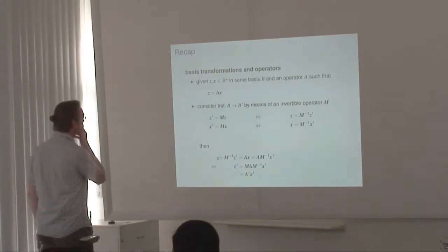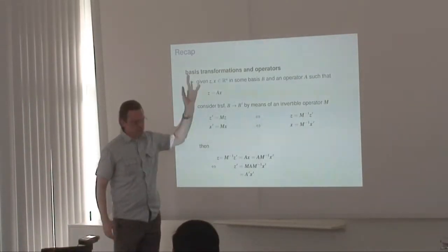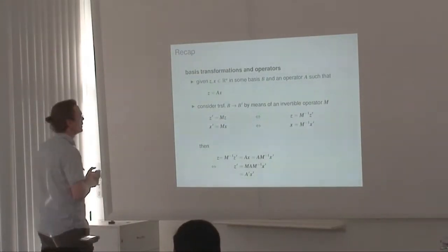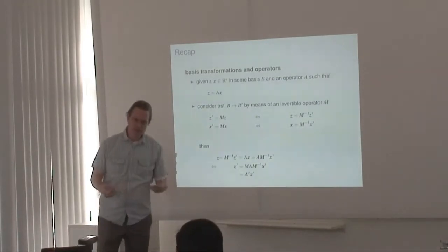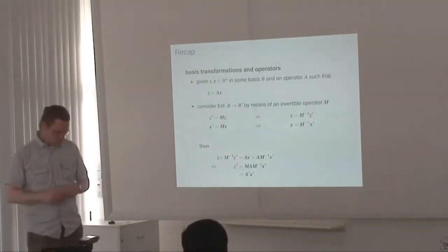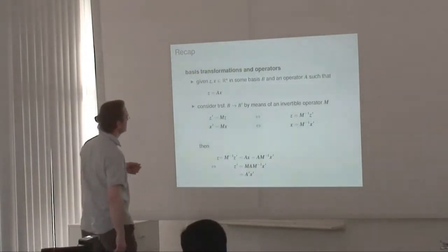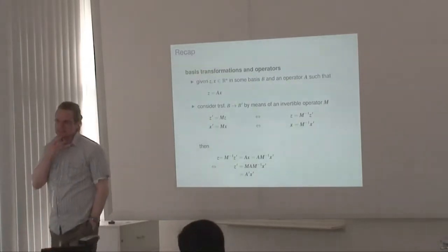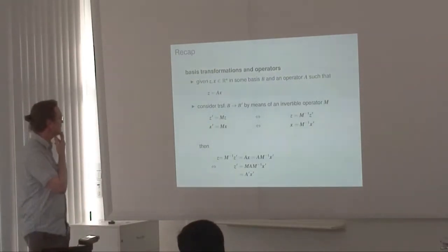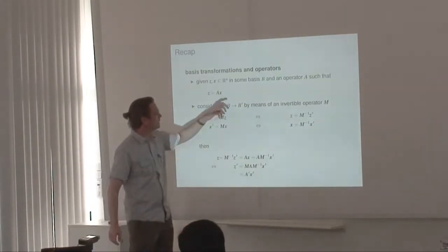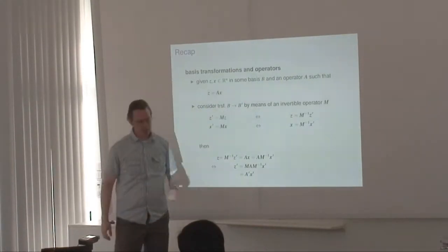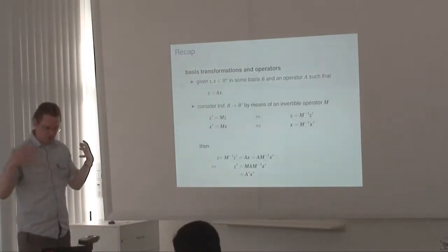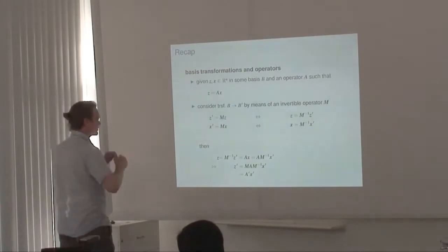That is to say, if we assume that we are given two arbitrary real-valued vectors in n dimensions, which are expressed in some basis, and there is an operator which, if it acts on x, produces z, we can then think about a basis transformation that transforms the basis b into a basis b prime, and say this basis transformation was accomplished by an operator m.